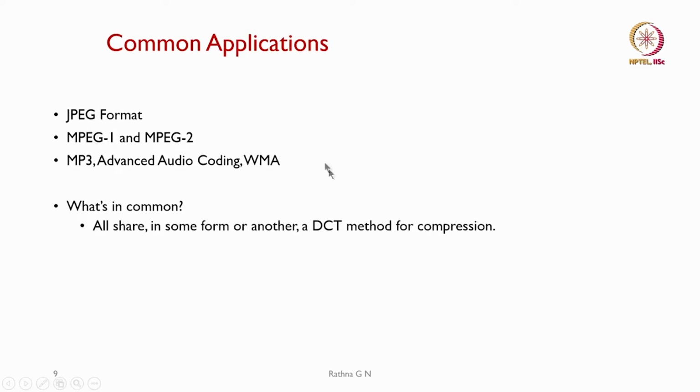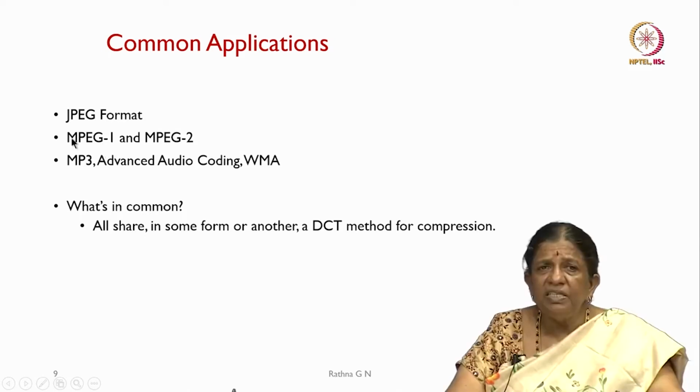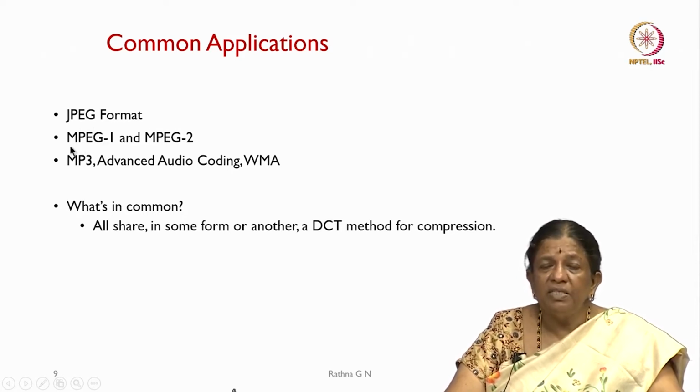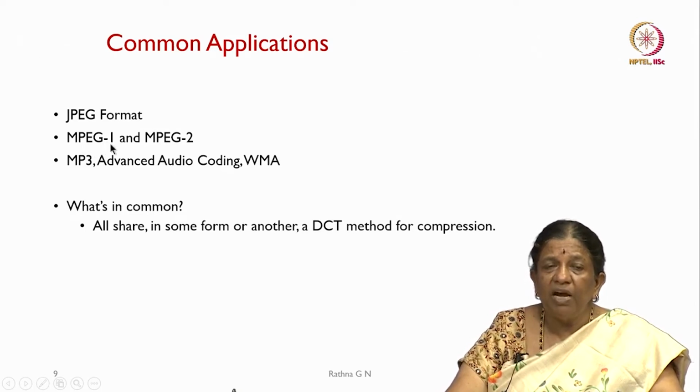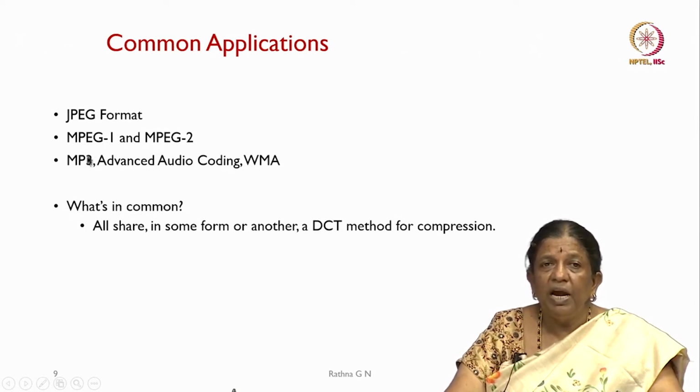Okay. So, where do JPEG's common applications lie? One application is the JPEG format, which is the Joint Photographic Experts Group, and MPEG 1 and 2, the Moving Picture Experts Group.